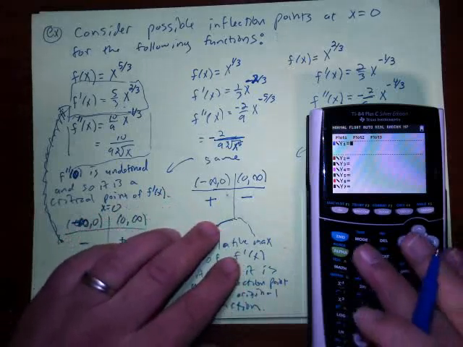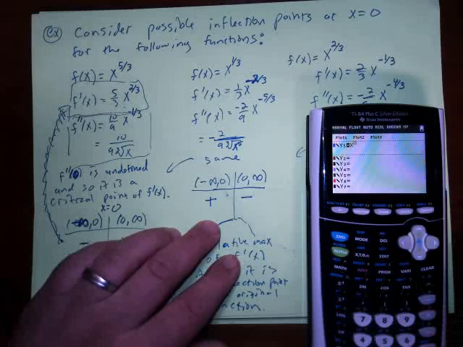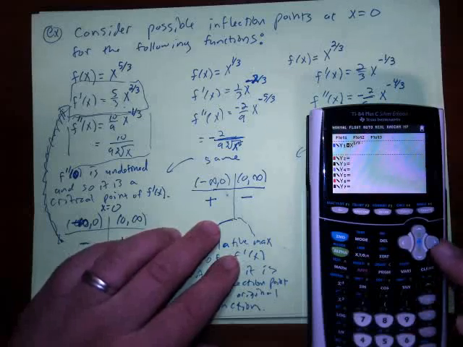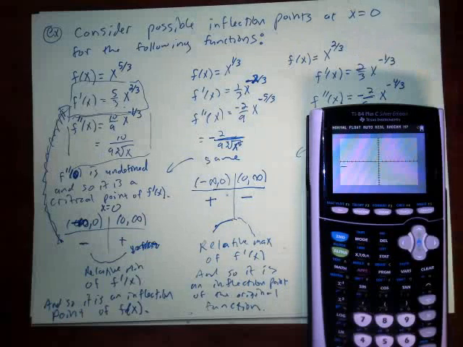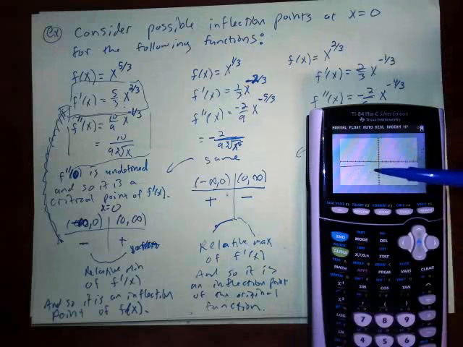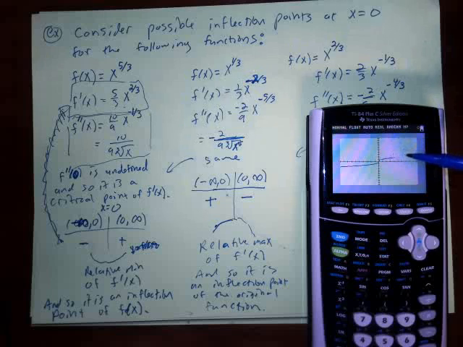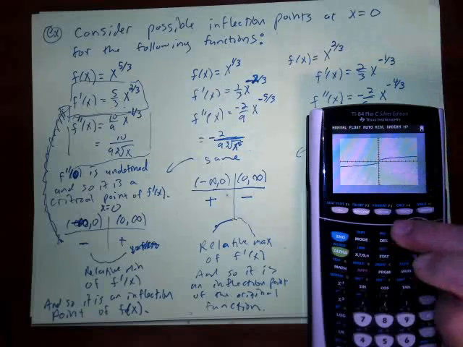and then this one here, we're going to do this x to the 1/3. So this is just the cubed root of x, and it looks like this. Okay, and it does indeed change.